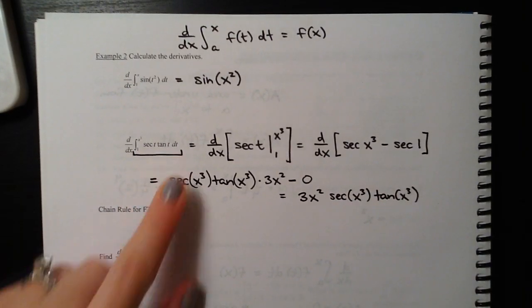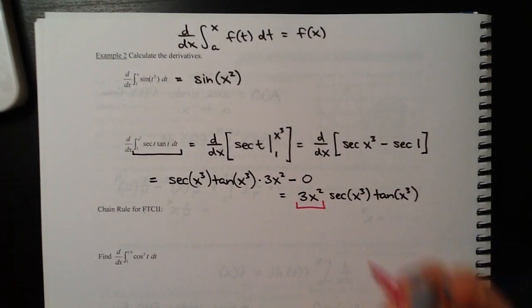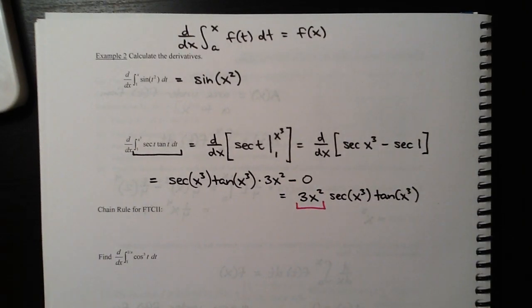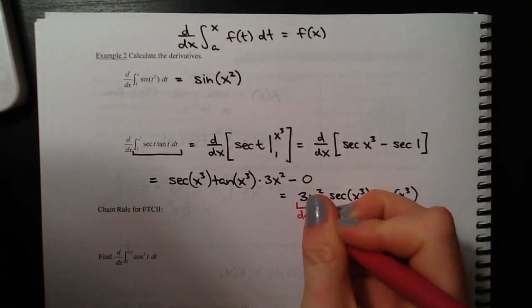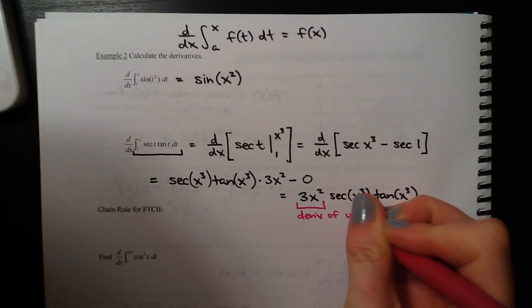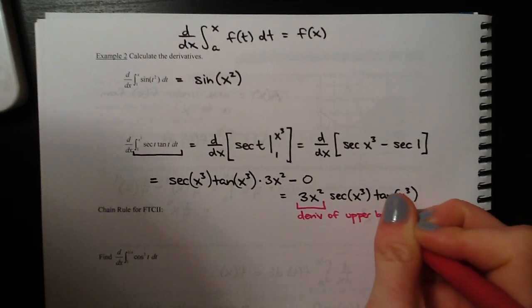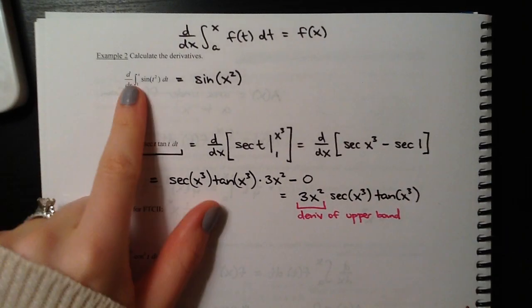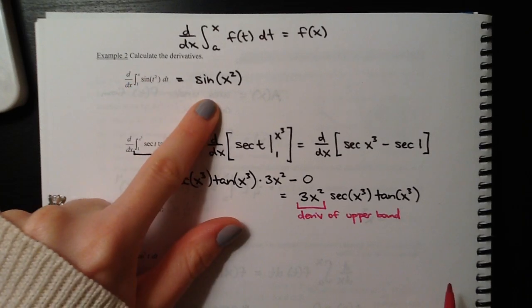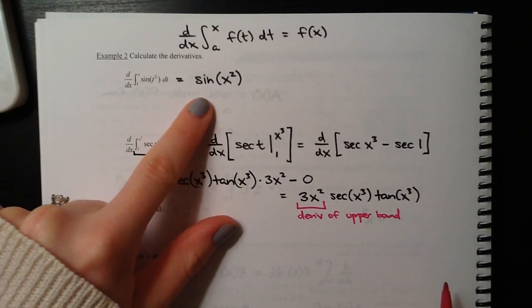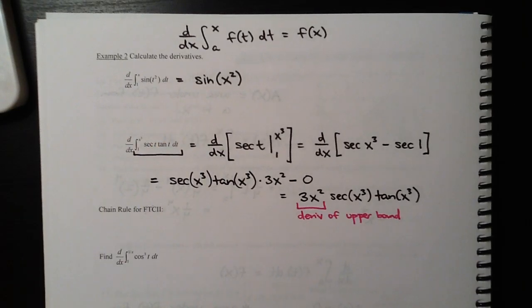But the extra little piece that I have right here is like a correction factor. That piece was the derivative of the upper bound. And so you could technically consider the derivative of the upper bound to be here too. The derivative of x is just 1. You could technically always consider yourself to have a 1 out front there.